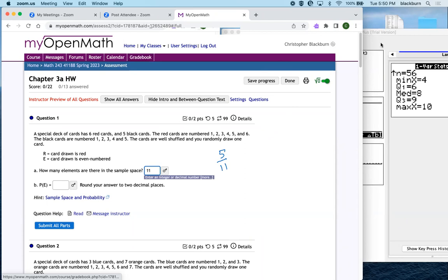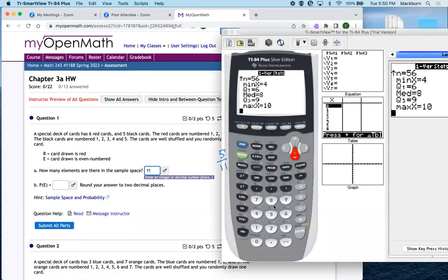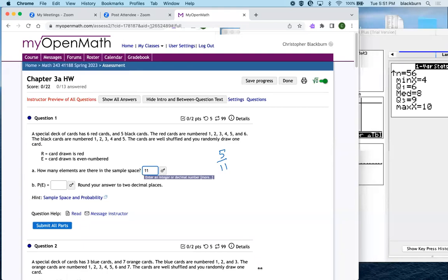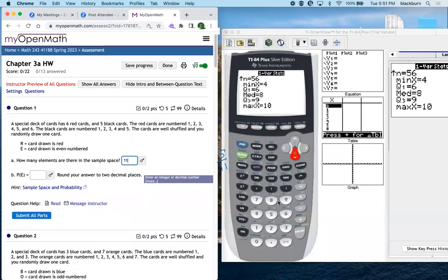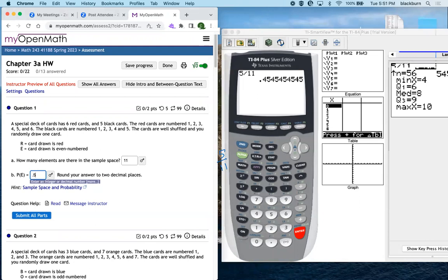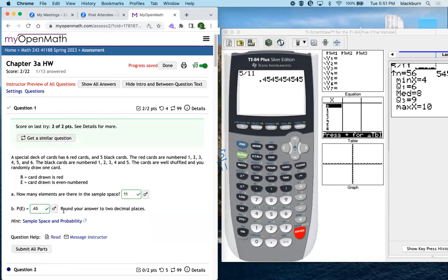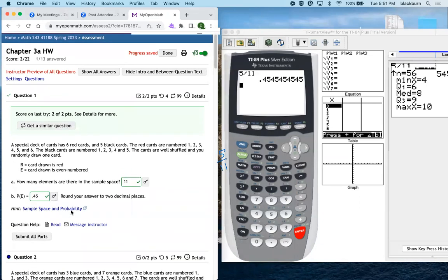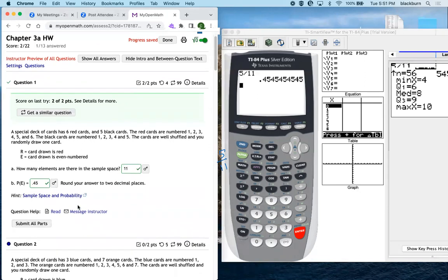Unfortunately, they don't take fractions in this section. They want the decimals, so we would do 5 divided by 11, and they want you to round to 2 decimals. So 0.45. That would be the way that one runs.